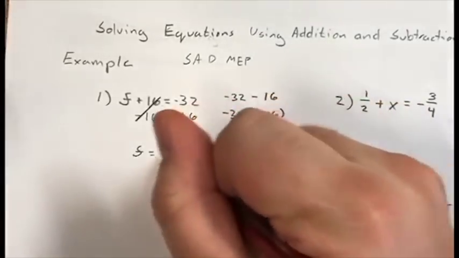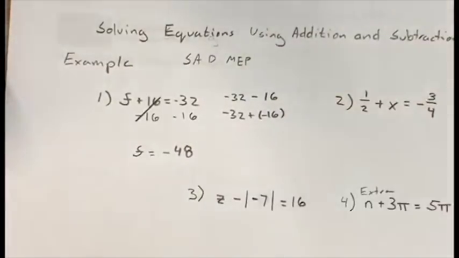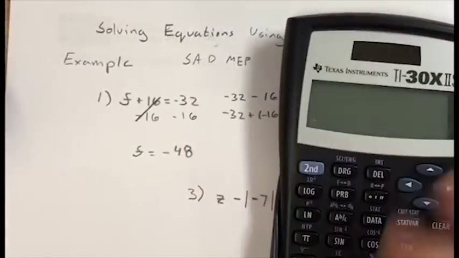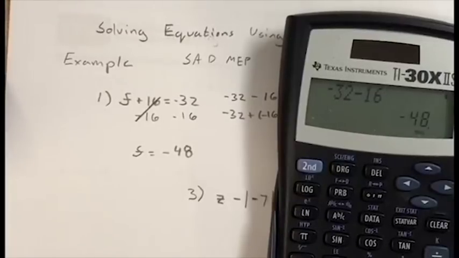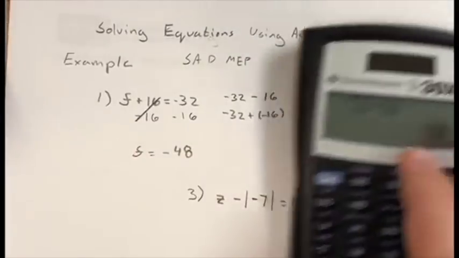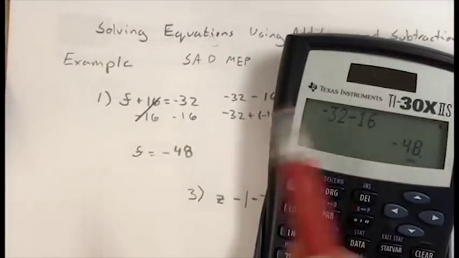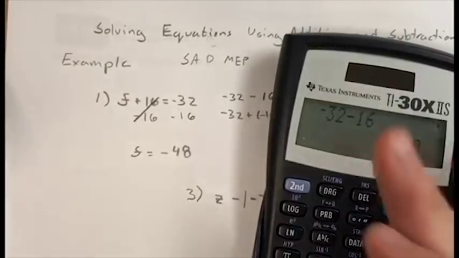And this gives me negative 48. All right. And here's the thing. Could I have done this with a calculator? Absolutely. But I also want you to be able to do this by hand, because if you know this procedure, then a calculator can help you. If you don't know how to do SADMAP, the calculator is not going to be very useful to you.